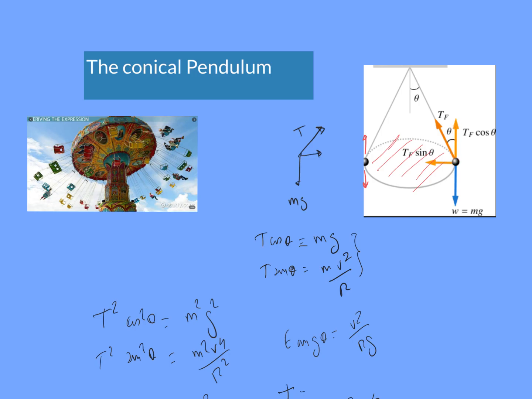This force has to be equal to the weight, because if this force is bigger than the weight, the plane where the object is rotating will be higher and the angle will increase. If the vertical component of the tension is equal to the weight, the object will stay on this plane of rotation. So T cosine of theta has to be equal to mg.